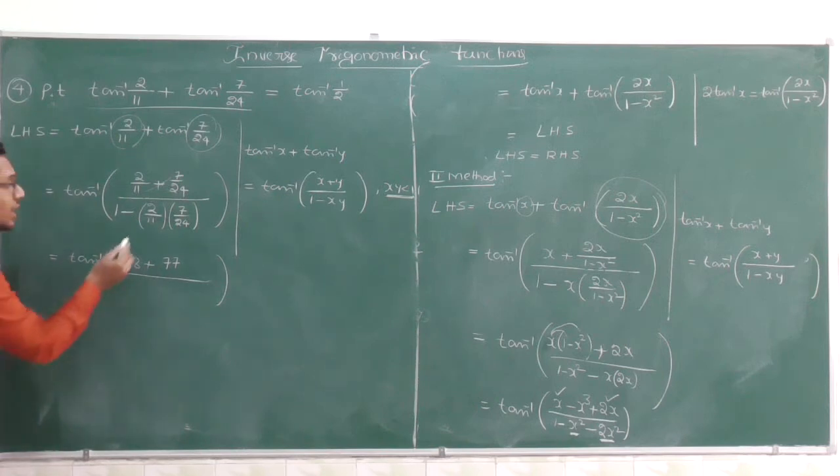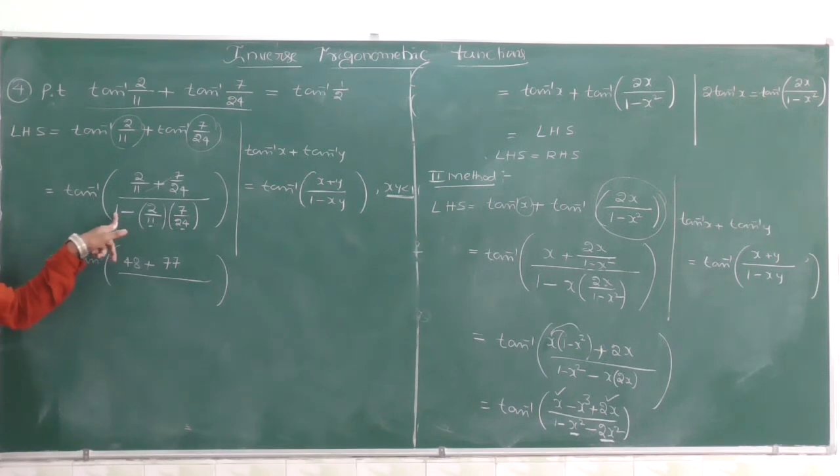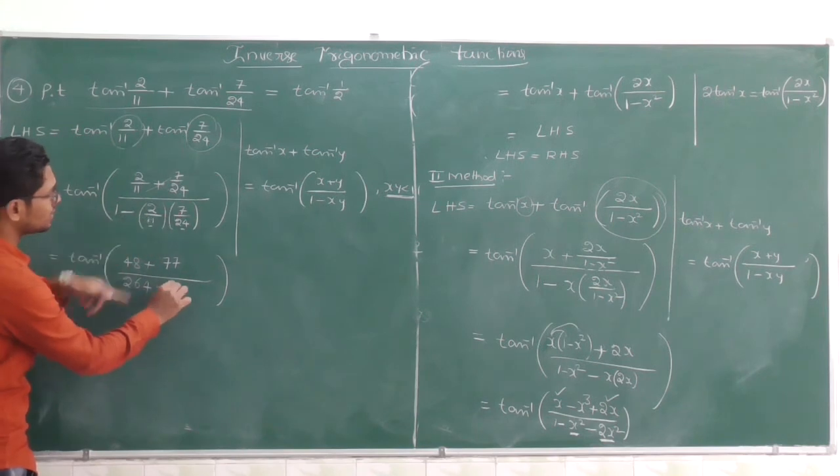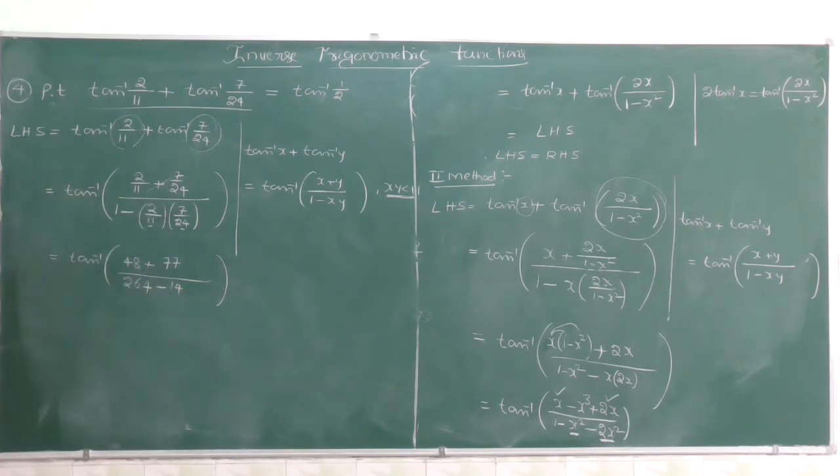Next, in the denominator, 11 into 24 into 1 is 264, minus 2 into 7 is 14. Here I have done cross multiplication.